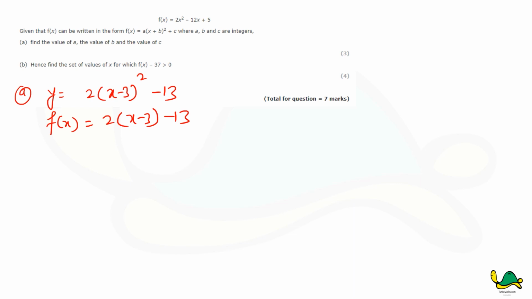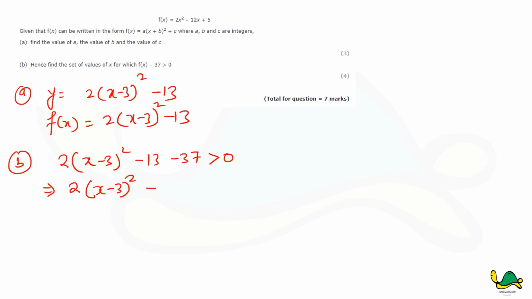So let's do our part B. For part B, I need to replace f(x) by 2 times (x minus 3) whole squared minus 13, and then I will subtract 37 from it, and it should be greater than 0. So let's solve this inequality. 2 times (x minus 3) whole squared minus 50 should be greater than 0.